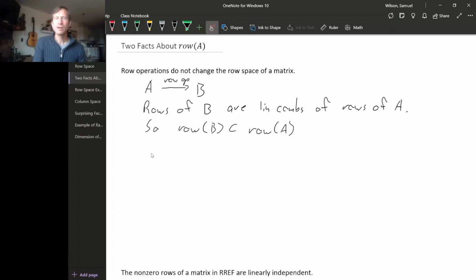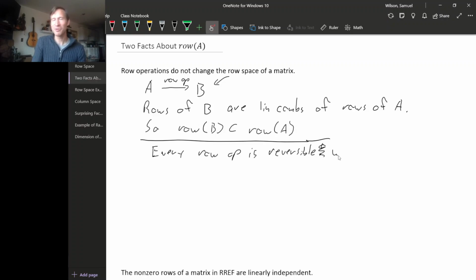But another thing we know about row operations is that every row operation is reversible with another row operation. If you switch two rows, you can switch them back.